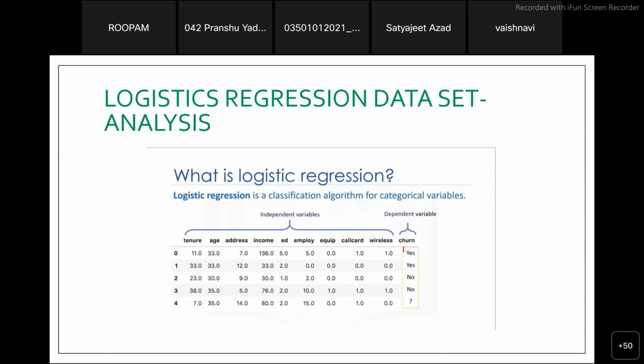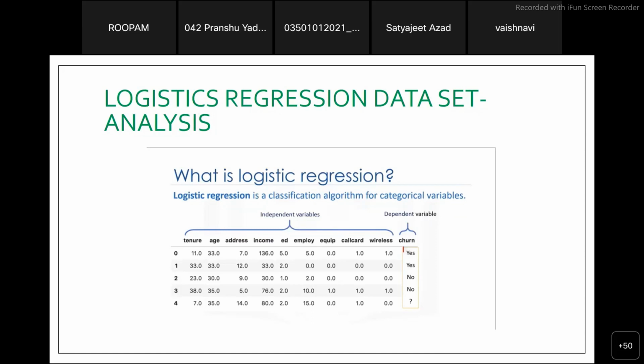One of the employees has a tenure of 7 years, is 35, and so on. So this is data with the company. Now the company wants to know whether this employee is going to churn, meaning leave the company, or not. This is a kind of forecasting, you can say prediction. So this dependent variable here is categorical, because it is yes and no, two labels.